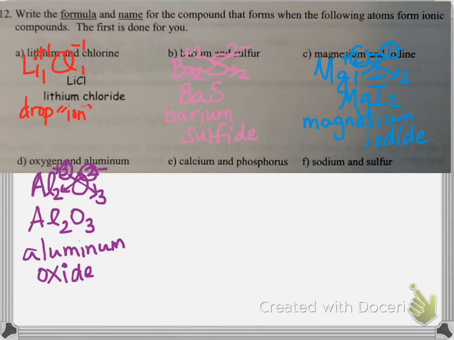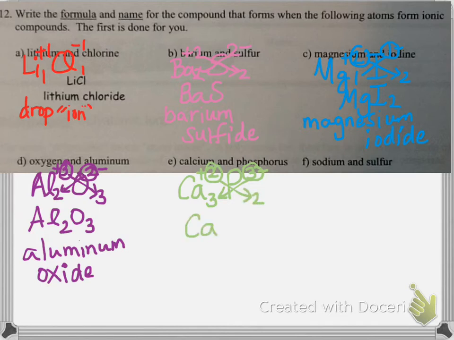So calcium and phosphorus. Calcium's in group 2A, so it can lose 2 or gain 6. It's going to lose 2, so it has a charge of +2. Phosphorus is in group 5A, so it can lose 5 or gain 3. It's going to gain 3. I crisscross down my numbers.